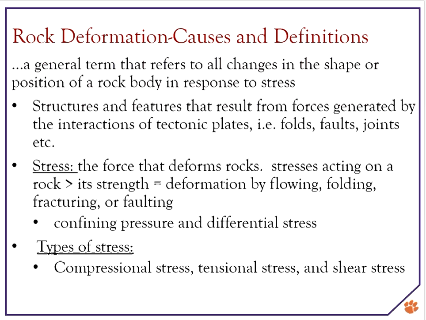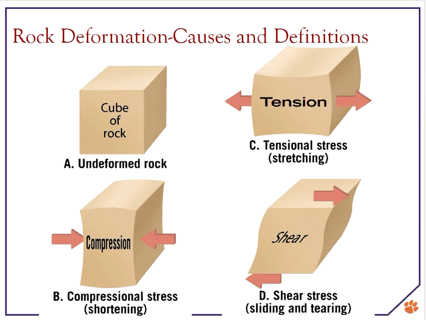When we talk about differential stress, we will be talking about three different types of it: compressional, tensional, and shear stresses. For defining these three different types of differential stress, we should look at a cube of rock as a starting point.